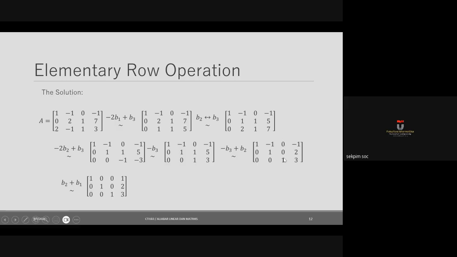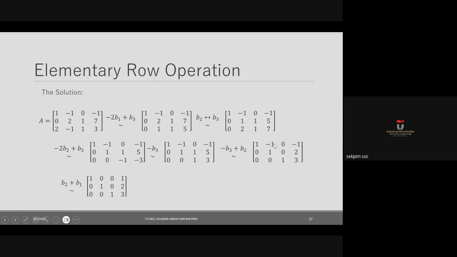So this is fine. And next we go to the second row here. This is a pivot. Since the element below is already 0, we want to make the element above the pivot 0, which is the -1 to be 0.